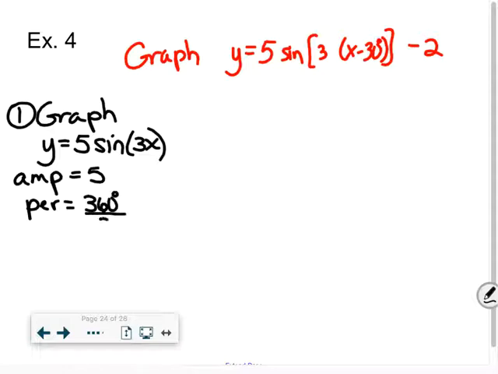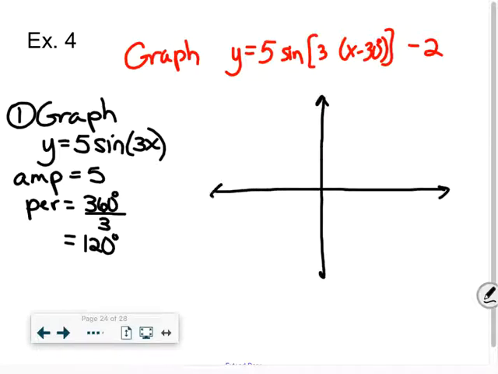It's 360 divided by 3, which is 120 degrees. So I'm going to make 4 ticks to the right and call it 120.